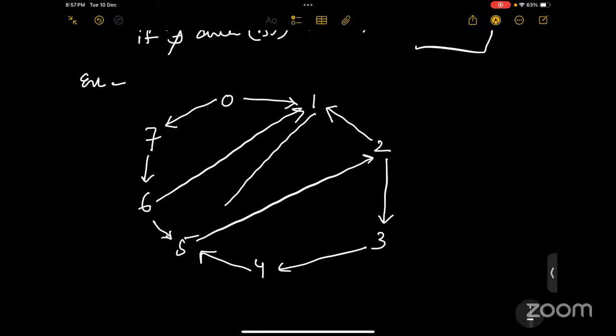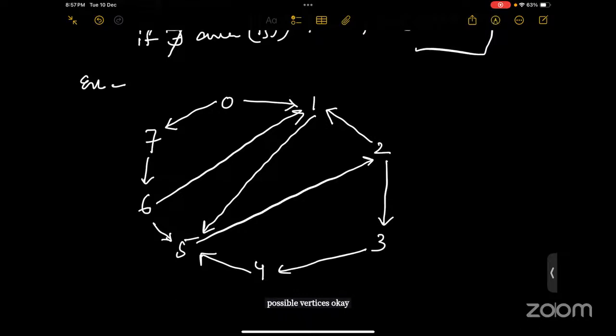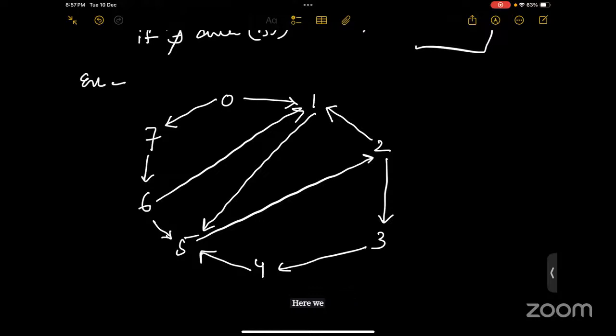Which algorithm, ma'am? Warshall algorithm. So we will find the shortest distance between all the possible vertices. Here we don't have any source, so we will find the matrix.